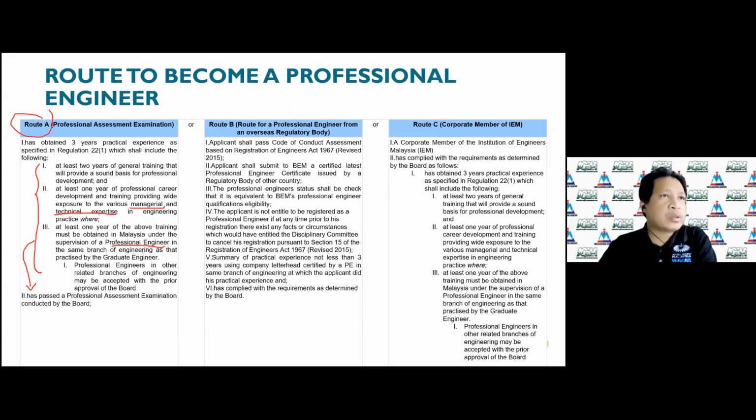Route B and Route C: Route C is through IEM, where they have a proper corporate member and so on. Route B is for those who are members of another regulatory or professional body, or even someone from a different country who is already registered locally with the governing body, perhaps like the Board of Engineers in India.